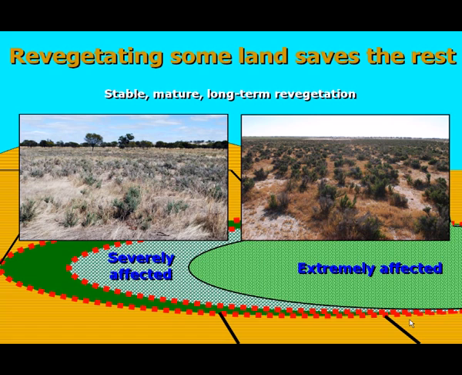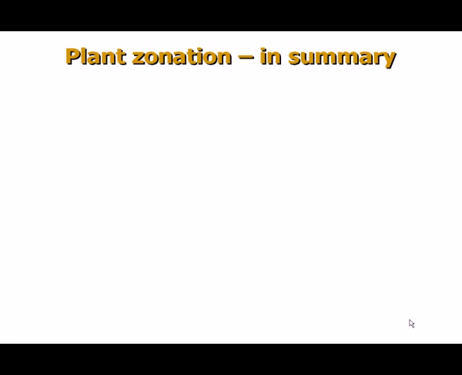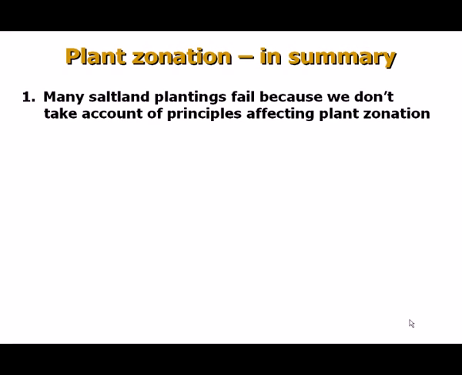Once this has developed, it might then be worthwhile for the farmer to put another fence in between the severely affected and the extremely affected and graze the bluebush. So the principle that I'm talking about here is a principle of leverage. It's using an intervention in the landscape to achieve change on a far greater scale than just the landscape where the planting was made.